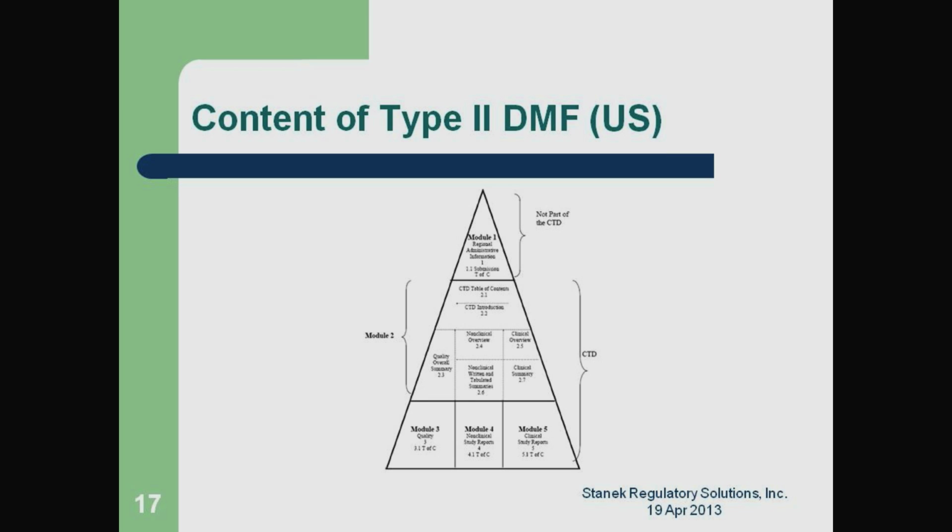And as you work down to Module 3, here's our quality section. Obviously, we're not going to have a Module 4 for non-clinical reports or a Module 5 for clinical reports. And then even within Module 3, we can divide this, and the DMF only has the drug substance part of the Module 3 and not the drug product.